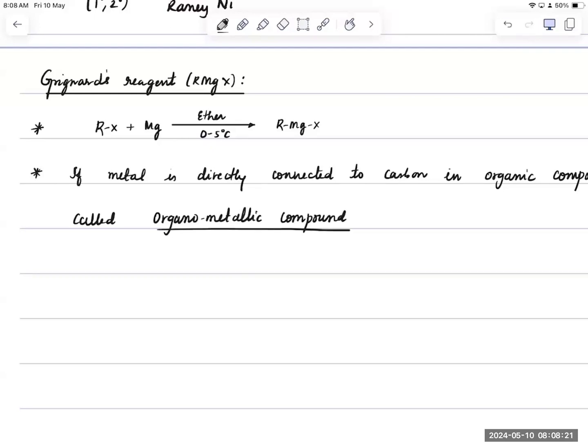Therefore, Grignard's reagent is one of the organometallic compounds.